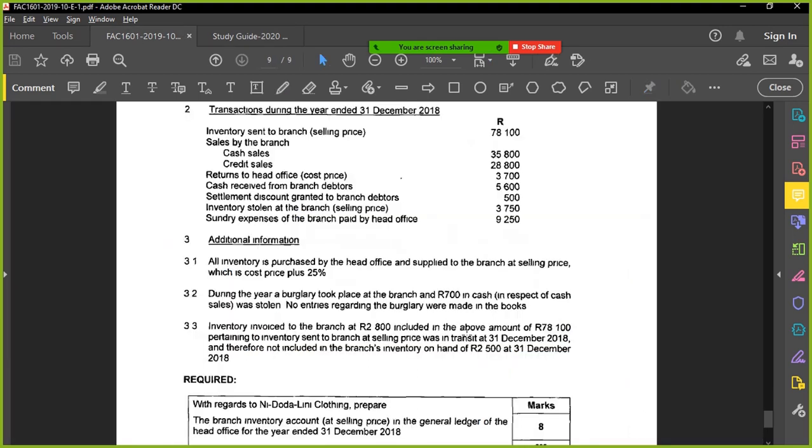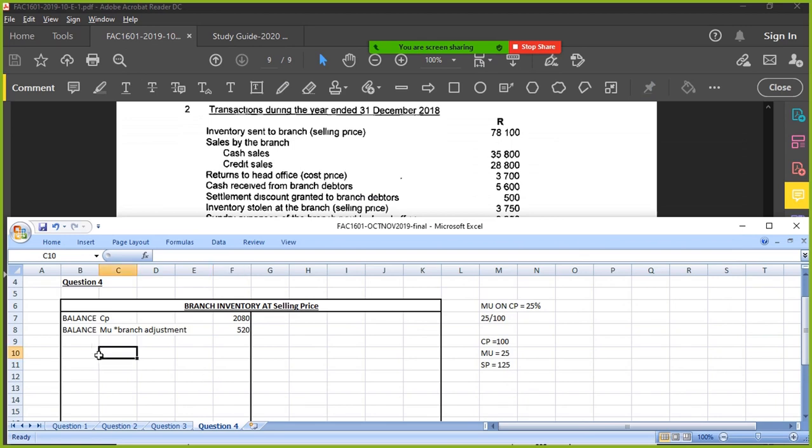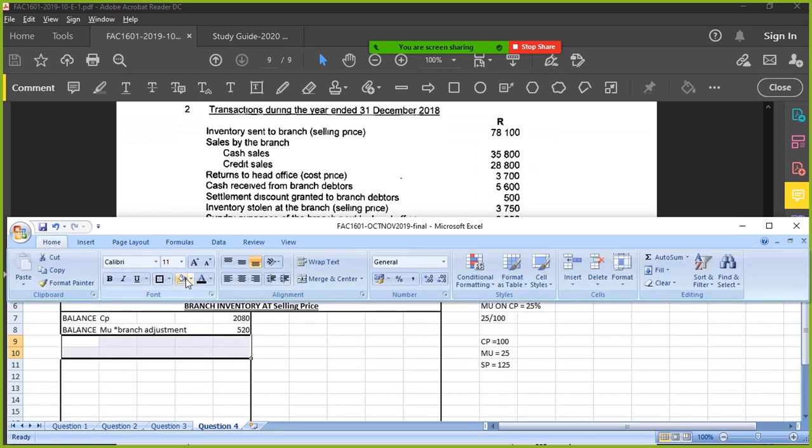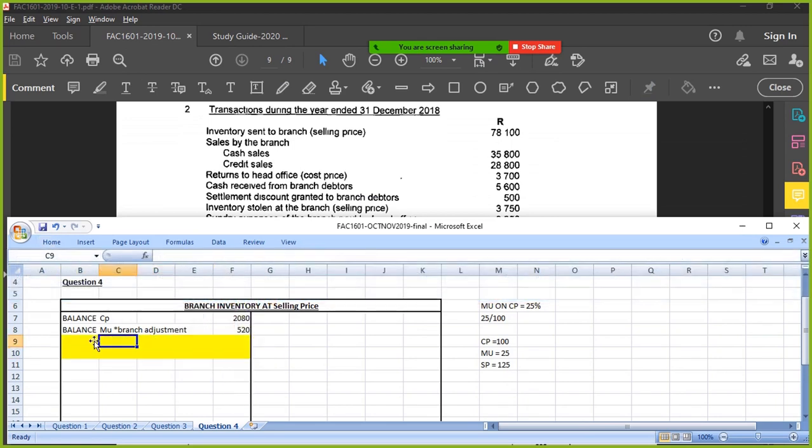Okay, so this is the markup, but remember they're going to want you to put it in the branch adjustment accounts.